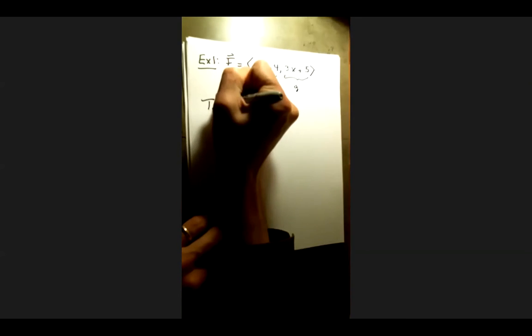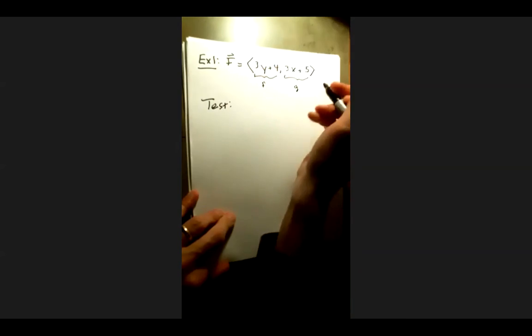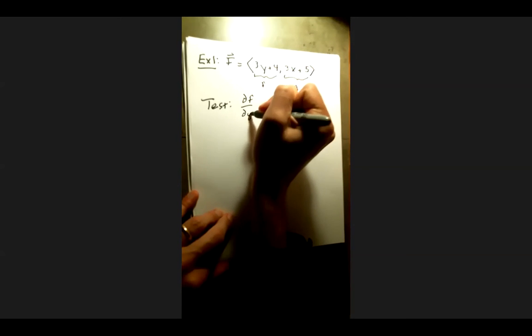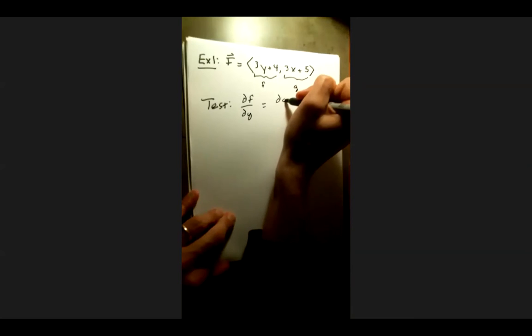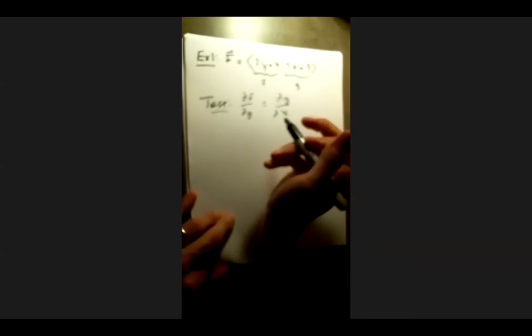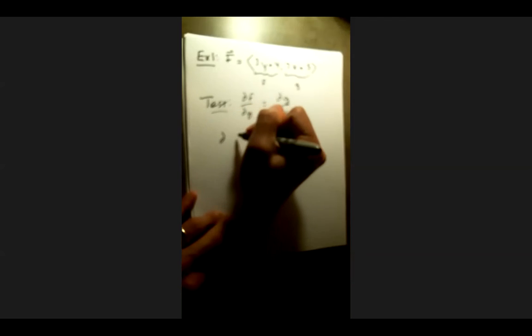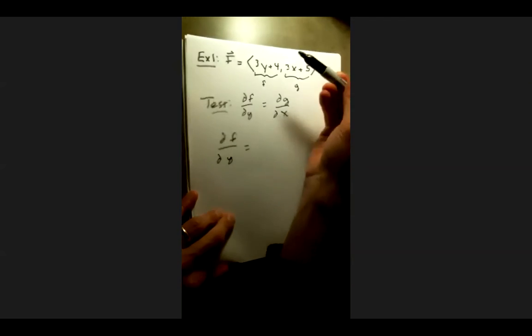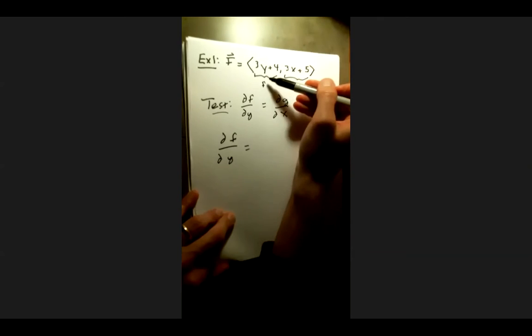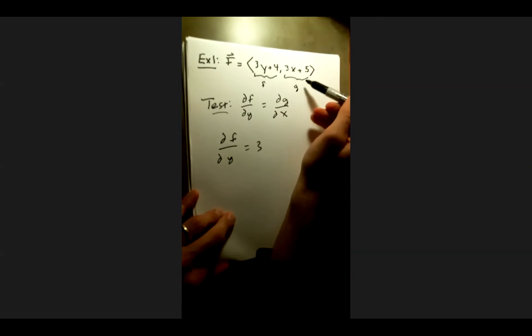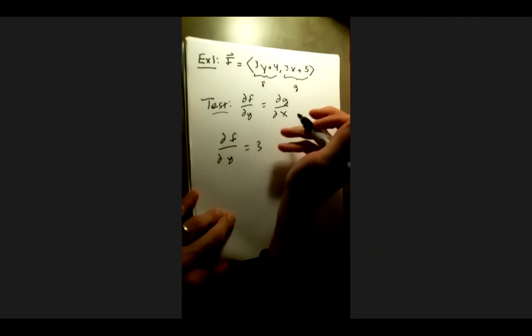So we've got to start with our test, which is to find out whether the partial of f with respect to y is equal to the partial of g with respect to x. So partial of f with respect to y is equal to 3, and partial of g with respect to x is also 3.